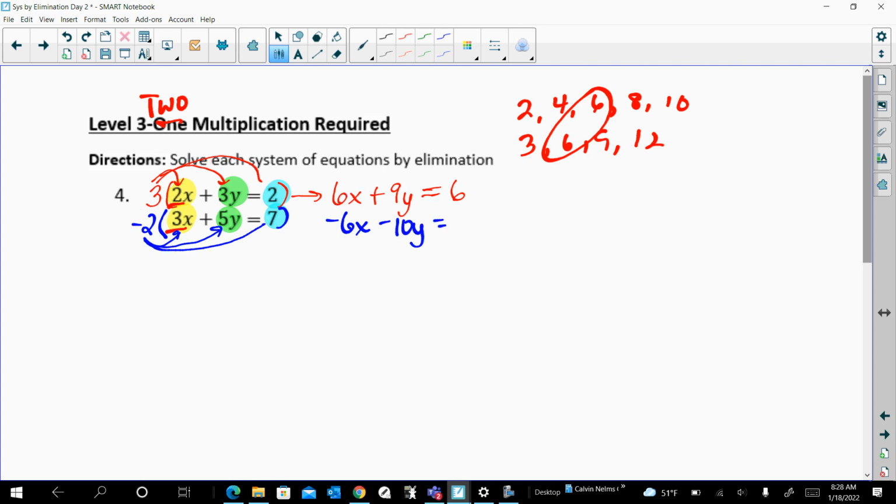And then -2 times 7 equals -14. Now we've created the opposites, and we can eliminate which term? 6x. The x terms can now cancel out. So I want you to make sure you have rewrote the equation and solve for y now.